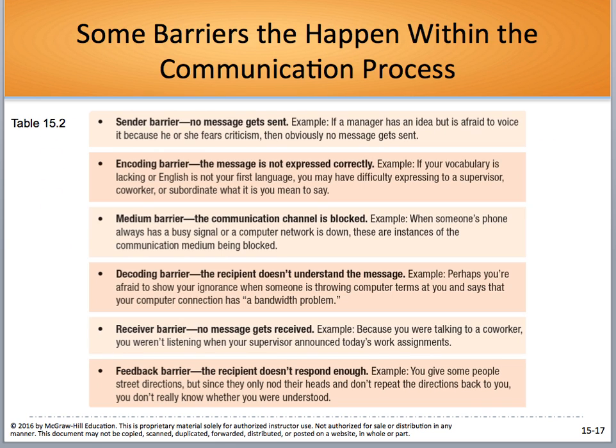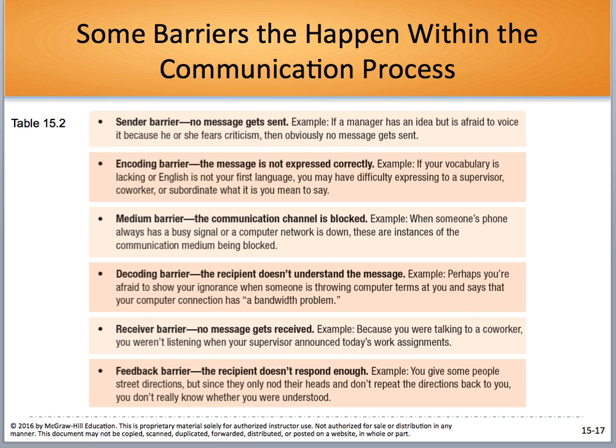So here's what happens within the process. When the sender has a barrier, then no message gets out. So if you're afraid to voice your opinion or an idea because you fear criticism, then you're not going to share that idea. An encoding barrier is when the message was not expressed correctly.